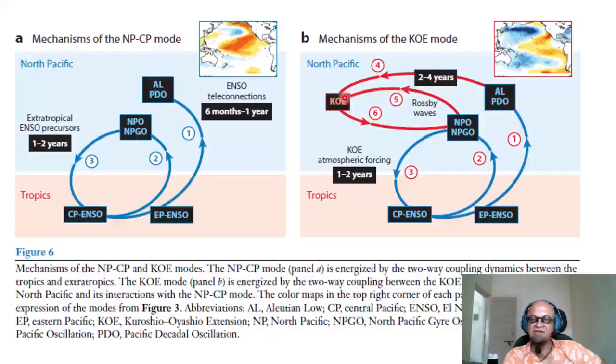There are Rossby wave ideas and so on. Basically, you can go from North, East, Central Pacific to KOE through Rossby waves as well. So there are the Rossby waves going from NPO and PDO, and you have a feedback from KOE to NPO and PDO. So everything is feeding back to everything. Does it really help you?